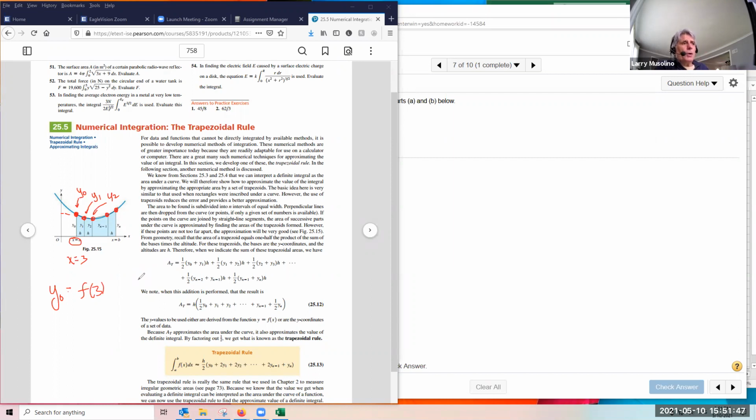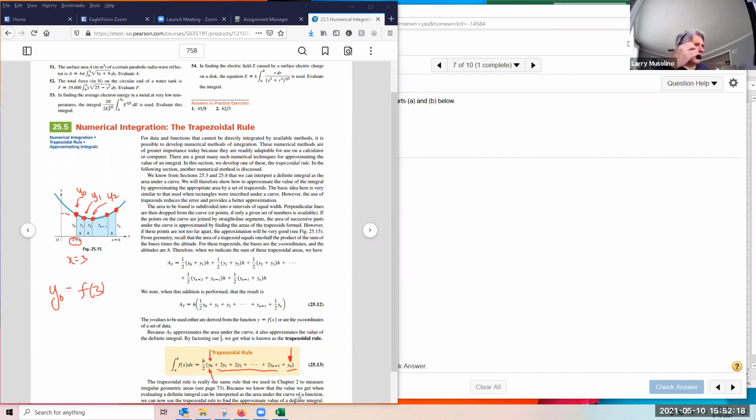But here's the tricky part of this formula. Notice the first y value is just written as y sub 0. Notice the last y value is just written as y sub n. But all of these other y values are multiplied by 2. So the first y value is left alone, the last y value is left alone, but all the y values in between get multiplied by 2.